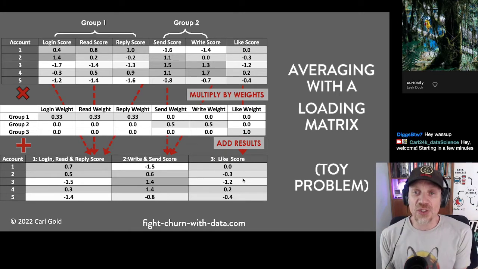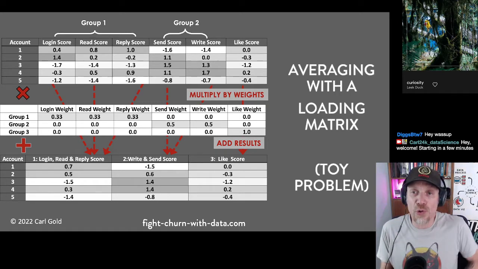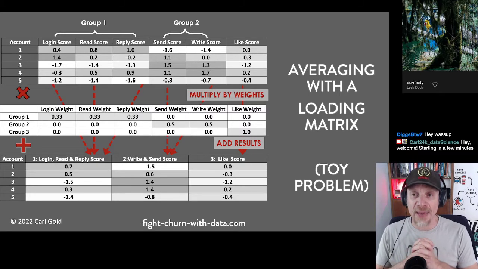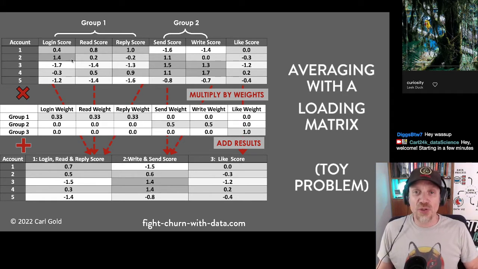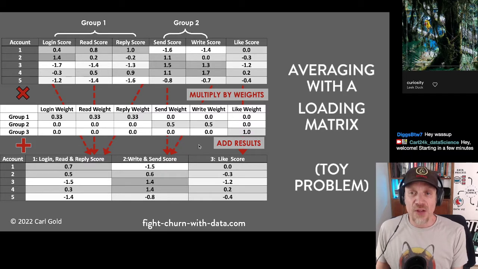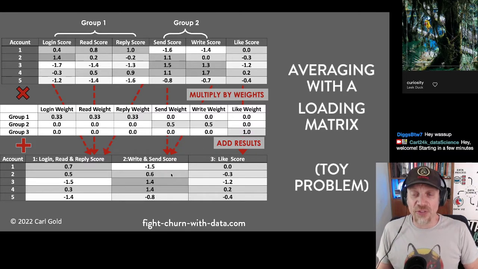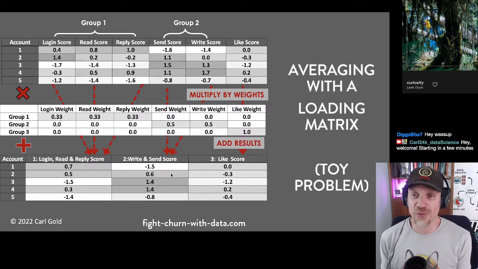So this illustrates how, if you want to group together metrics and make an average of them, you create this matrix called a loading matrix, and then you do a matrix multiplication to get the right value. So it's a very cool way to do dimension reduction.